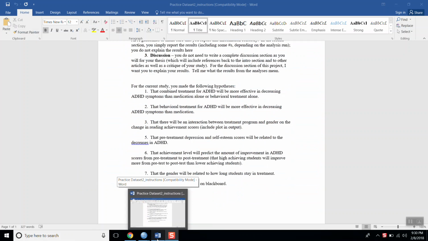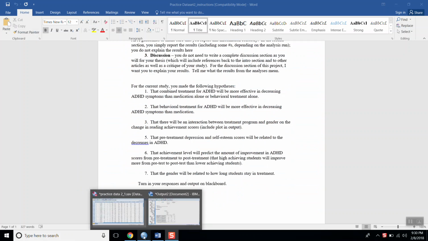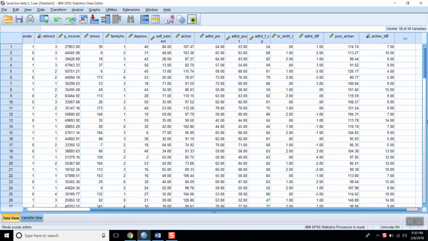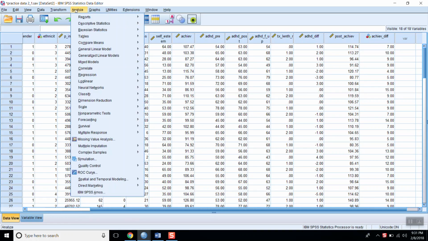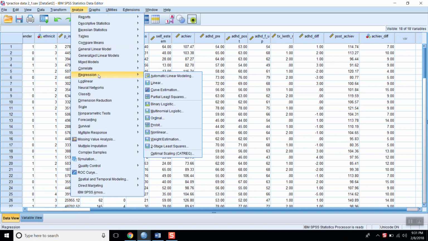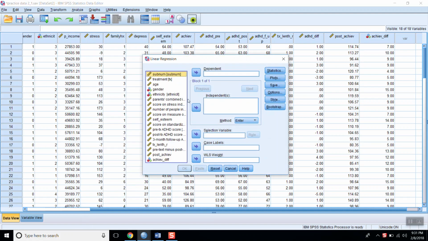So achievement, pre-treatment achievement will predict the change in ADHD scores. So analyze, regression, linear. And then what's our dependent? ADHD difference. And what's our independent?